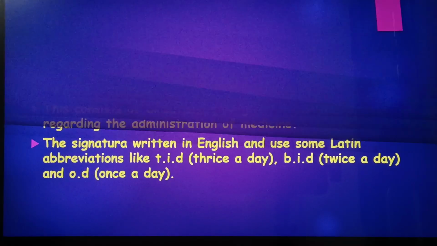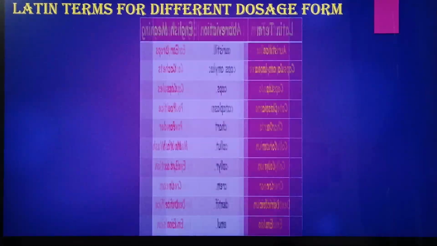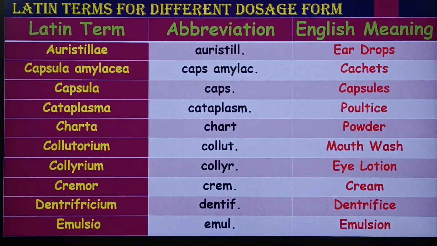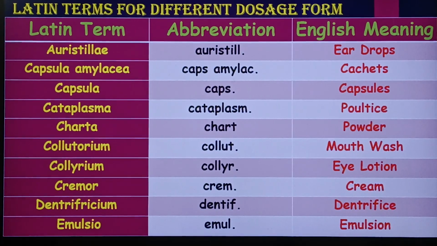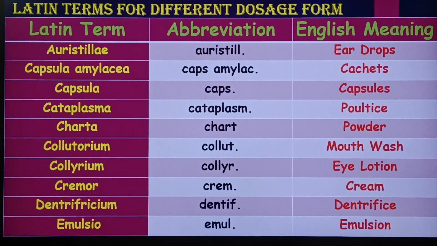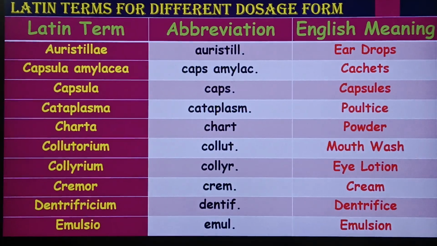Now we are studying the Latin terms for different dosage forms. Number one is auristilla, ear drops; capsula amylacea, caps amylac, cachets; capsula, caps, capsules; cataplasma, cataplasm, poultice; charta, chart, powder; collutorium, collut, mouthwash; collyrium, collyr, eye lotion; crema, creme, cream; dentifricium, dentif, dentifrice; emulsio, emulsion.